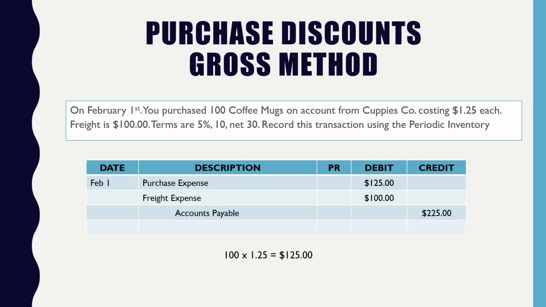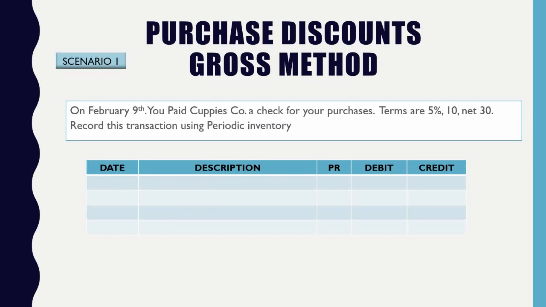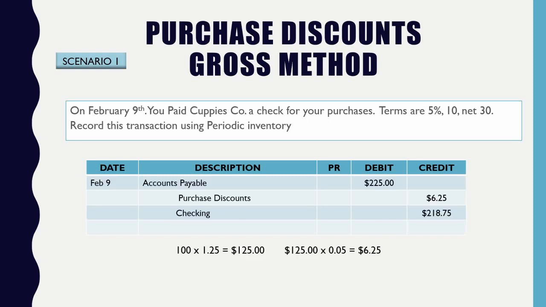So again, what we saw earlier is the same example here where we're recording it at full price value, okay? So here we owe a total of $225. However, if we're using the gross method, let's say we do pay within the discount period, then you're going to create a contra account called purchase discounts, which is going to go against your purchase expense.